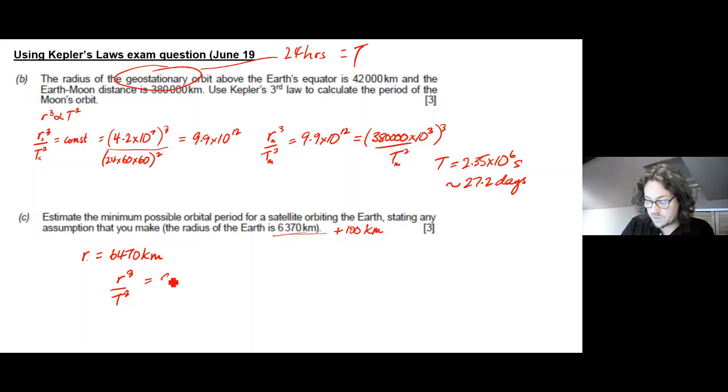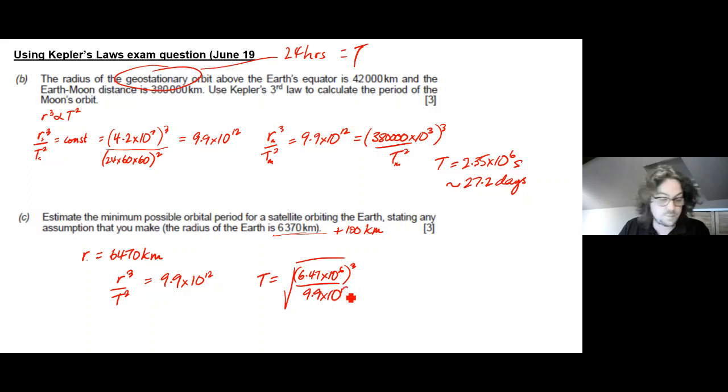Then we're going to do our R cubed over T squared. If we remember, we worked that out to be 9.9 times 10 to the 12. And then we're going to rearrange this so that T is equal to the square root of 6.47 times 10 to the 6, which is my radius in meters, and that's all cubed, divided by 9.9 times 10 to the 12.